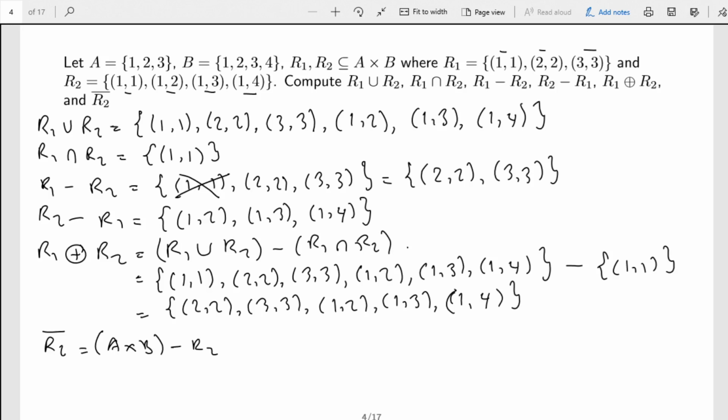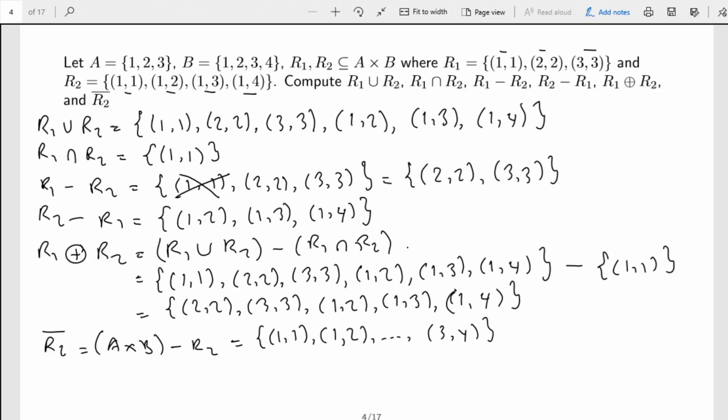A times B is really just (1,1), (1,2), up to (3,4).